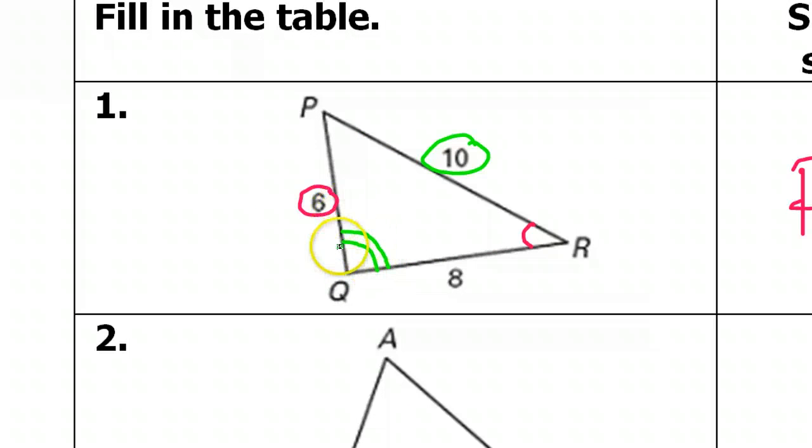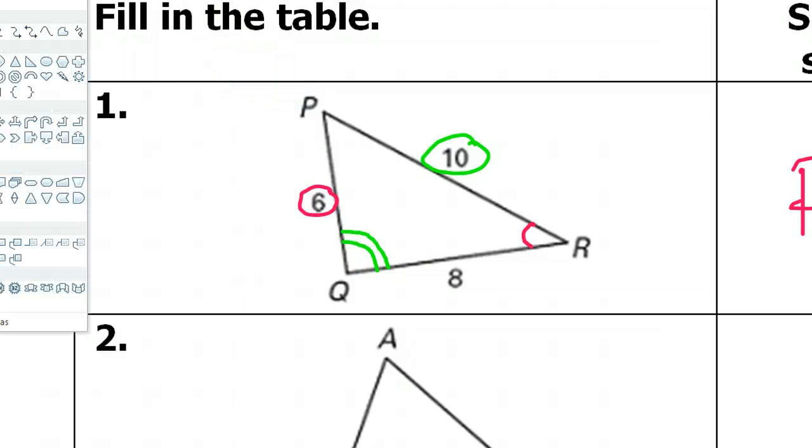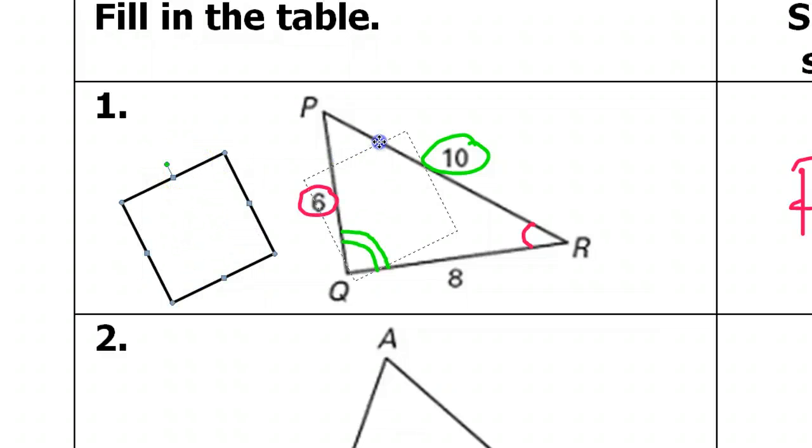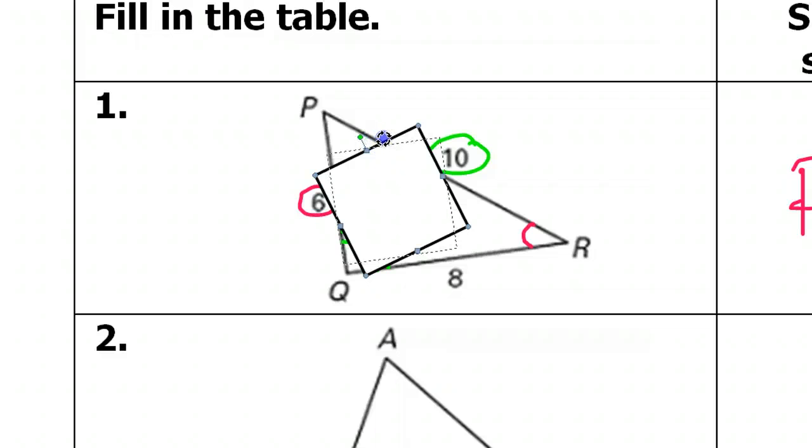Classify by angles. It's hard to tell. It looks like this might be a 90-degree angle, so I'm going to check it with a square. It's hard to get it just right, but I feel like it's close enough to see that this is a 90-degree angle.